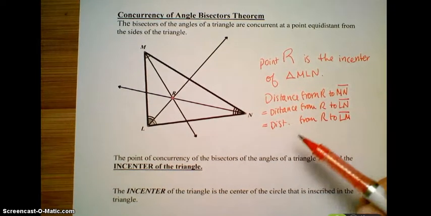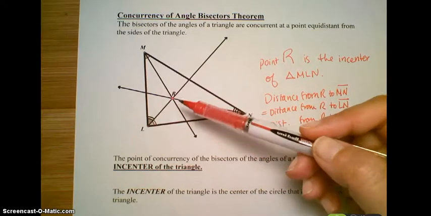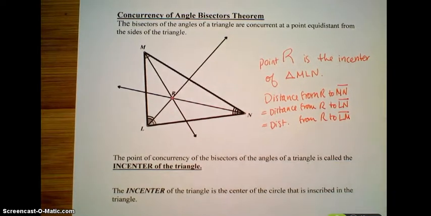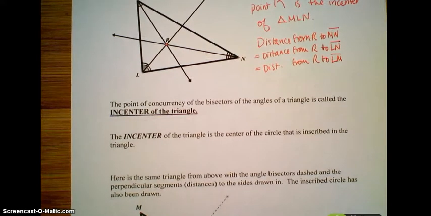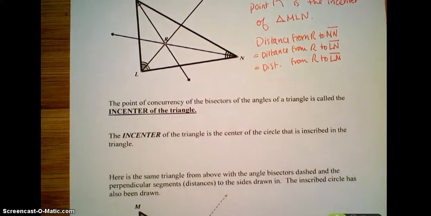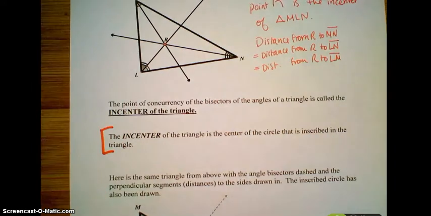All those distances will be the same, but again, we can't see them in the picture. Since the incenter is the center of the circle that's inscribed in the triangle, that's an important definition. Let's go ahead and orange that one also.